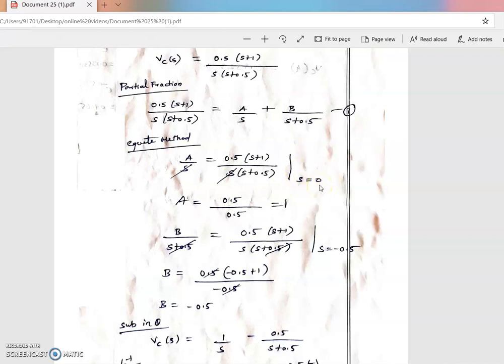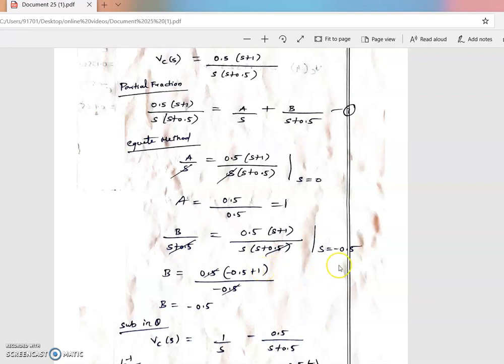Now we substitute s equal to 0 in these cases, and we get A equal to 1. To find the B value, we equate B divided by s plus 0.5 to this whole term. Now the common term, s plus 0.5, gets cancelled, and we equate that cancelled term to 0.